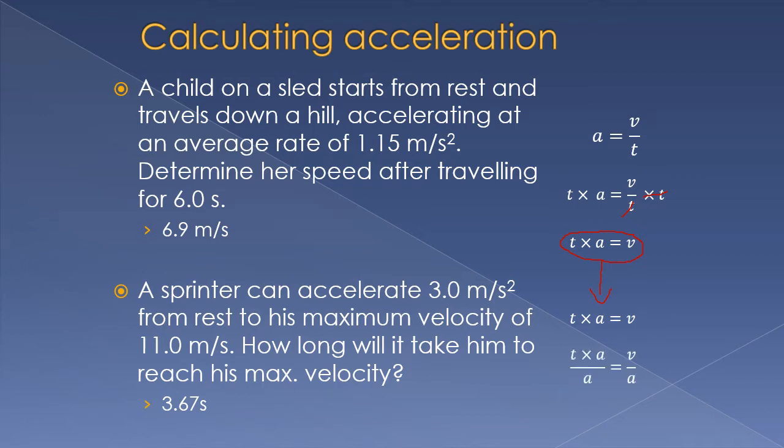Instead, now I need to isolate time. So I'm going to get my A over. So I divide by A. And so what actually happens, my A's cancel. And so now time is equal to velocity over acceleration. And so I take my velocity, I divide it by 3, and I get 3.67 seconds.